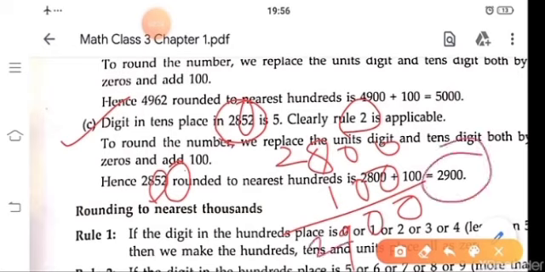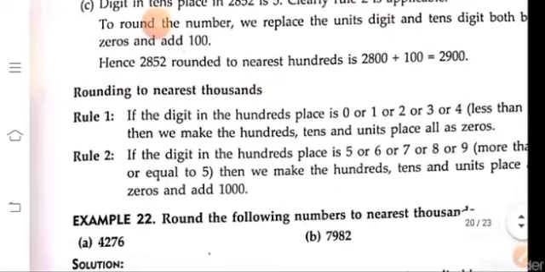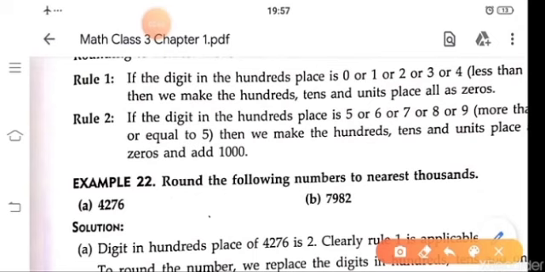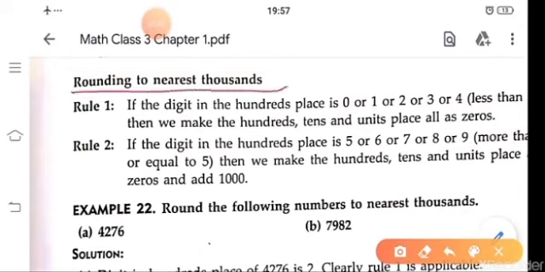Okay children, then we move on to next, rounding the numbers to nearest 1000. Children, if we are going to write the number to nearest 1000, same rules were there.